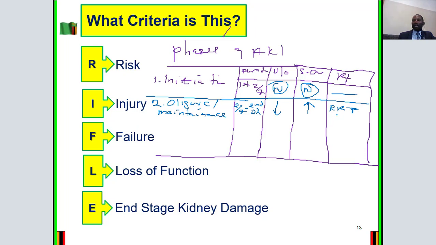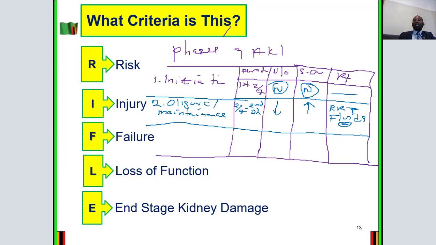And the issue there is that you may also restrict fluids. So here you restrict the fluids. Okay, so that is phase 2. On phase 2, what have we said?